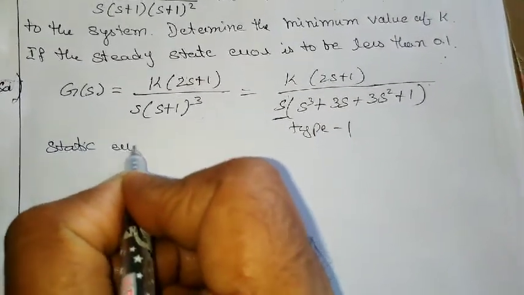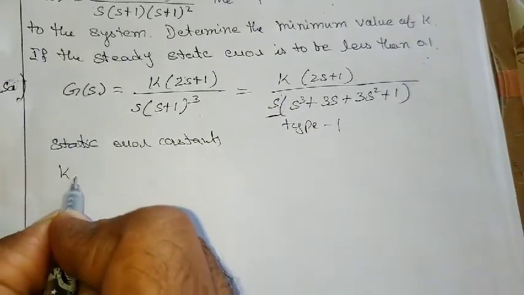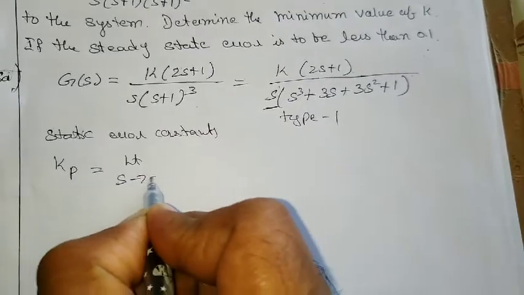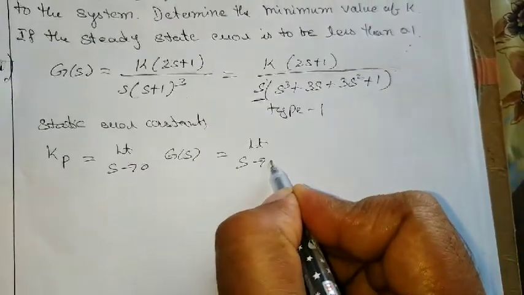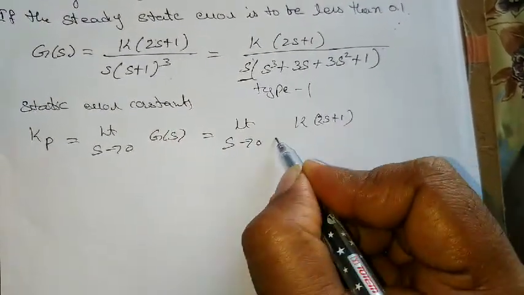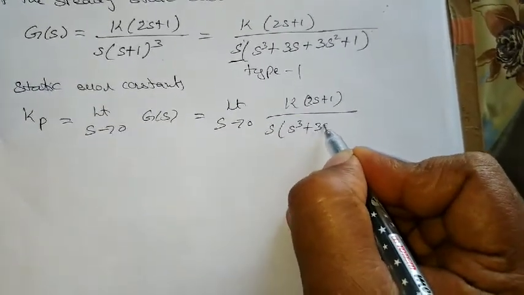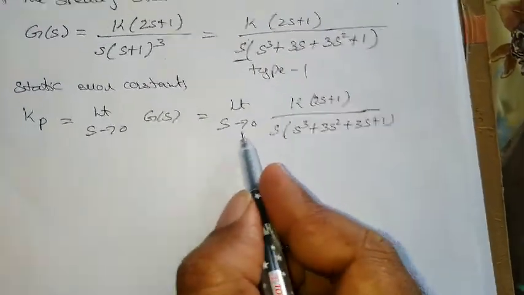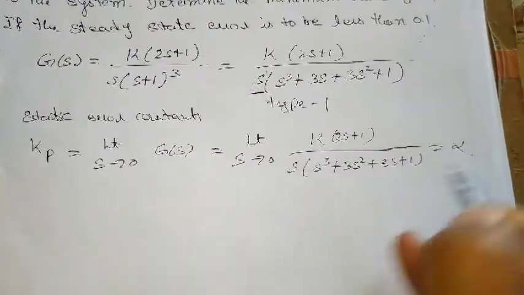First of all we'll find out Kp, positional error constant, limit s tends to 0 of G(s), which is limit s tends to 0, G(s) is K(2s+1) divided by s(s^3 + 3s^2 + 3s + 1). So if I substitute s equal to 0 in this equation, it will become infinity.